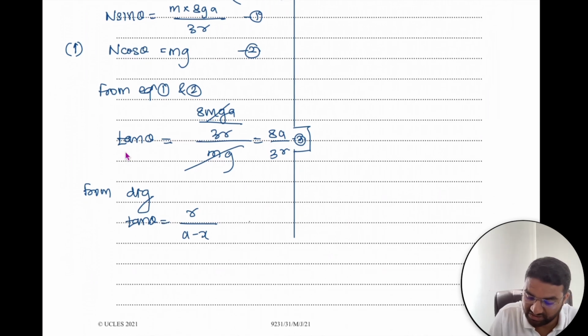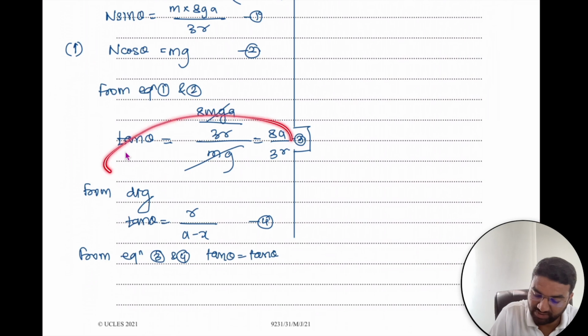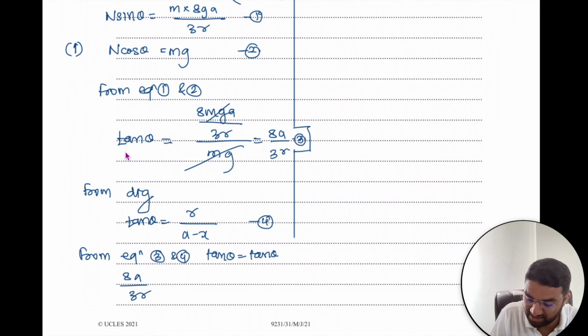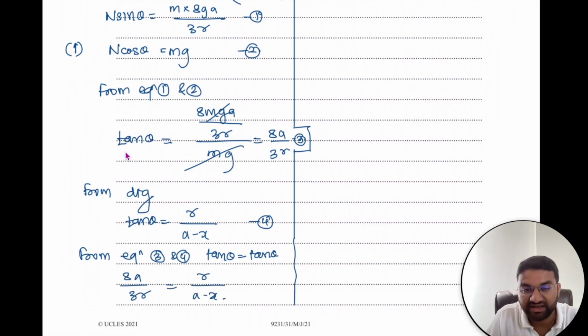From equation 3 and 4, we can take tan theta equal to tan theta. So it will be 8a upon 3r is equal to r upon a minus x, and we have to solve and simplify this whole thing.